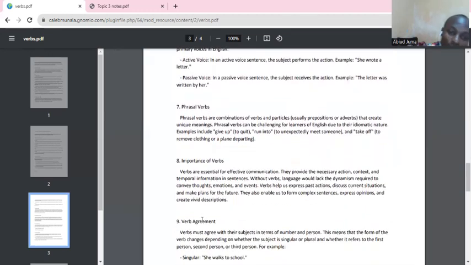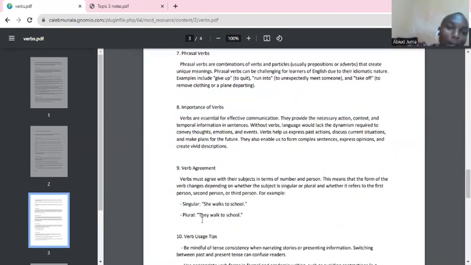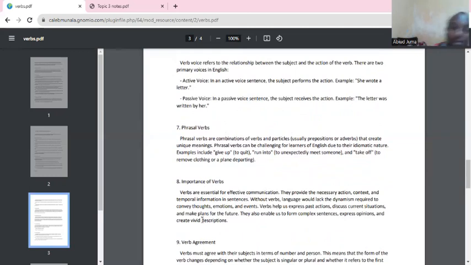We also have phrasal verbs. These are verbs that are a combination of verbs and particles, usually prepositions or adverbs, that create a unique meaning.